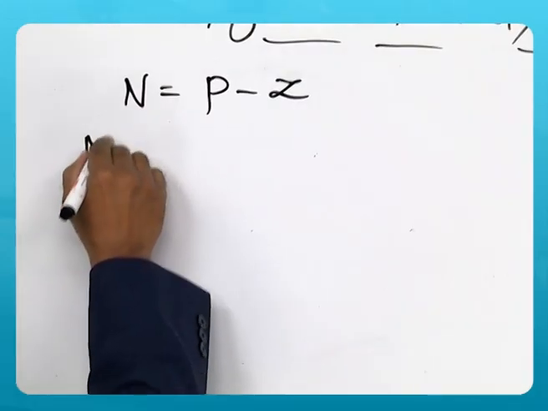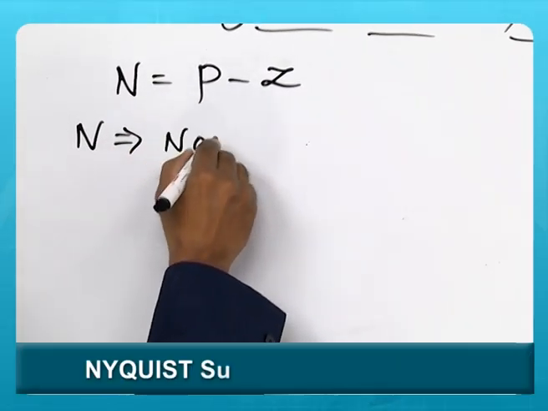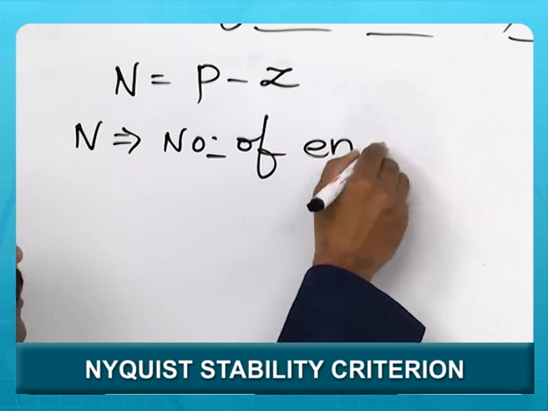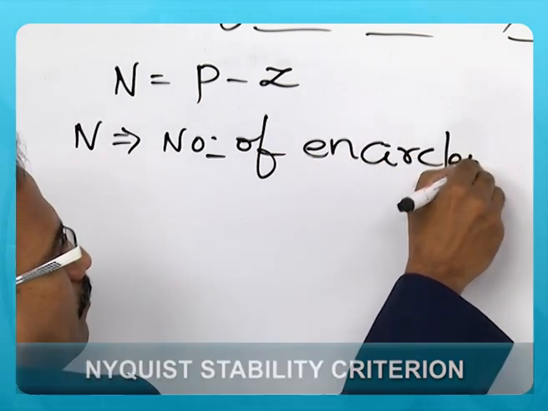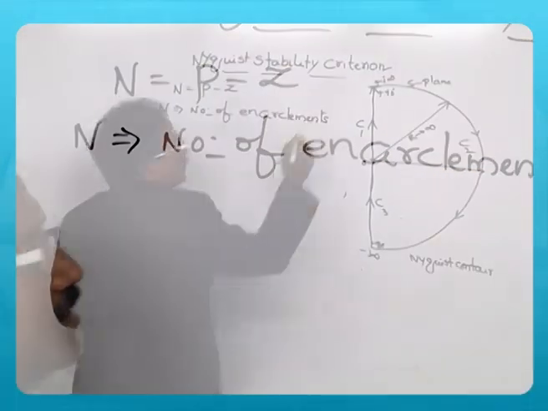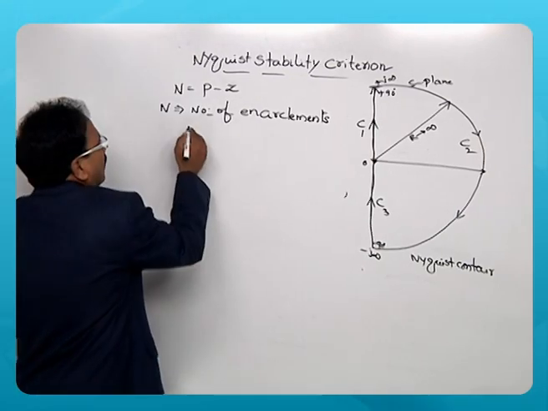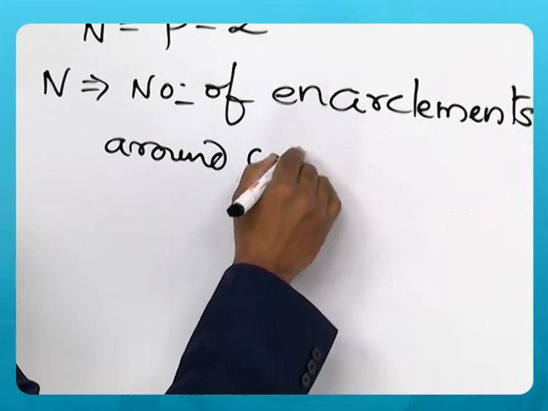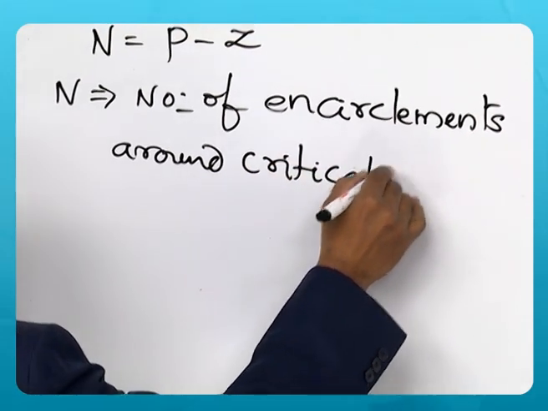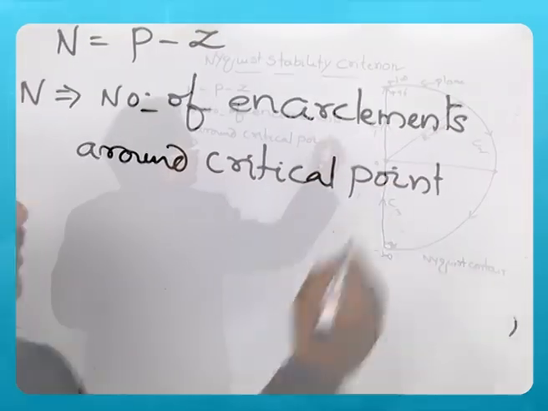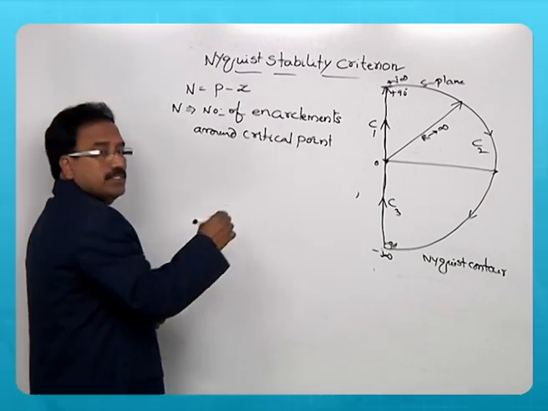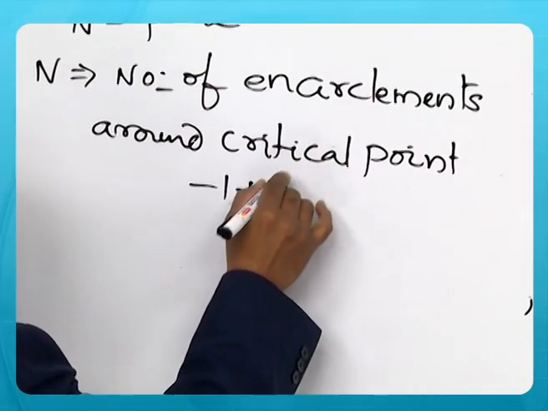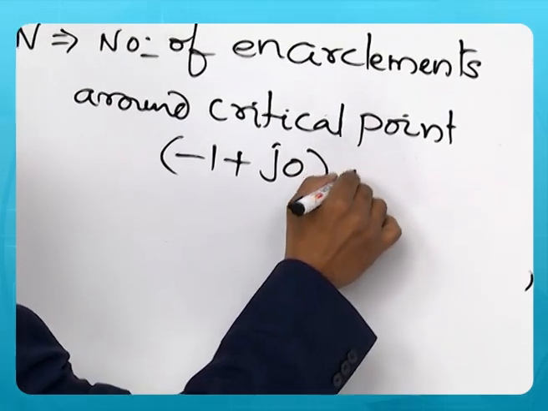Then N will be the number of encirclements around the critical point. The critical point in the G(s)H(s) plane is not the origin, remember, it is minus 1 plus j0.